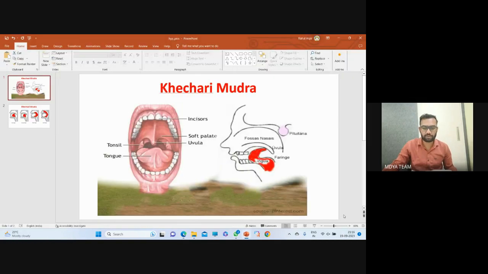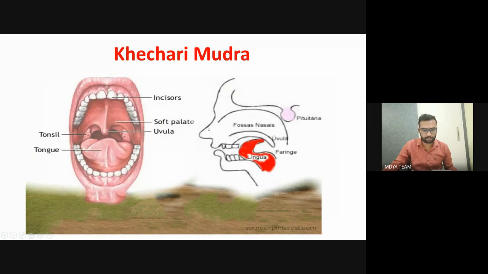In the picture also you can see the normal situation of our tongue. But here, this picture shows a slightly upward tongue. And after continued practice, your tongue will be like this.